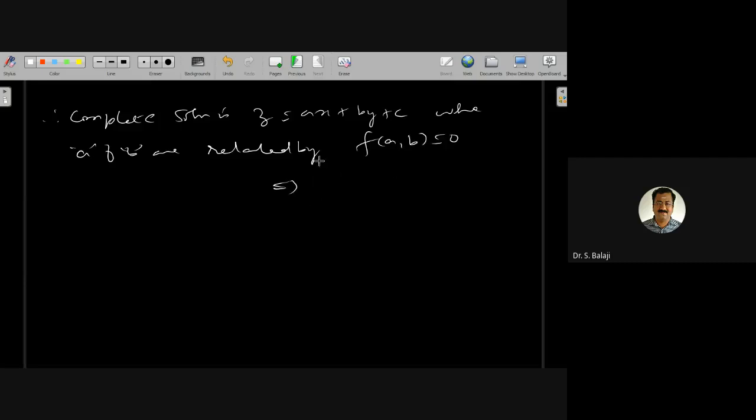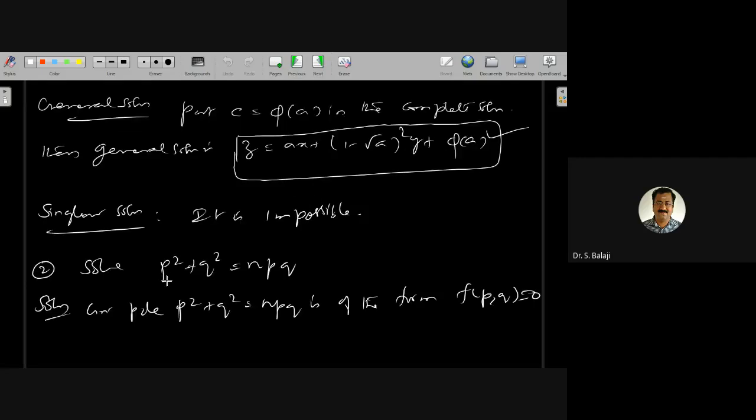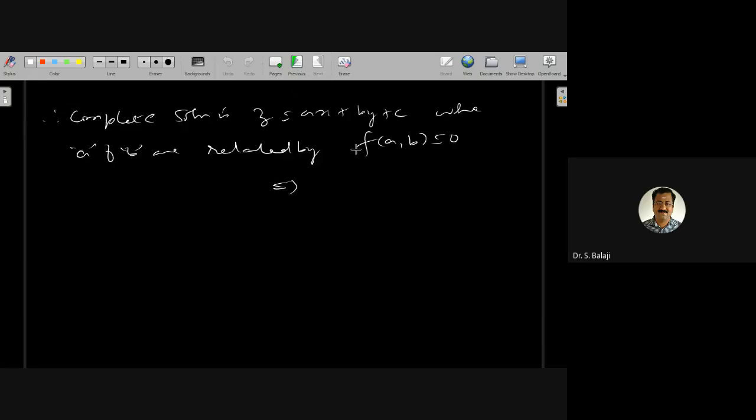We replace p by a and q by b, giving a square plus b square equal to nab. But you would write either b or a in terms of the other variable. It is like a quadratic equation: b square minus nab plus a square equal to 0.